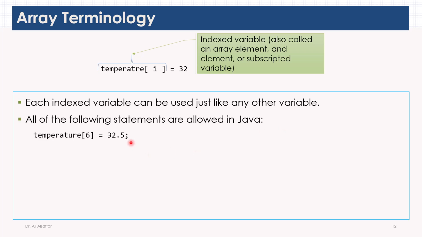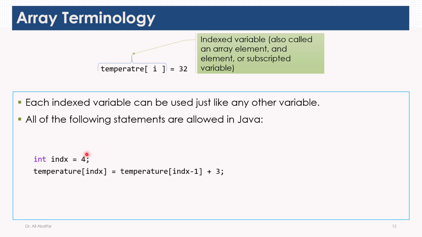For some examples of statements that are allowed in Java to refer to index variables, we can assign single values to indexed variables. Also, we can print index variables using a print statement. Also, we can reference individual elements of index variables and do some kind of arithmetic calculations.